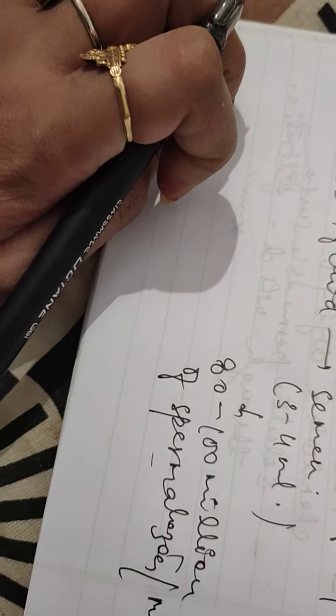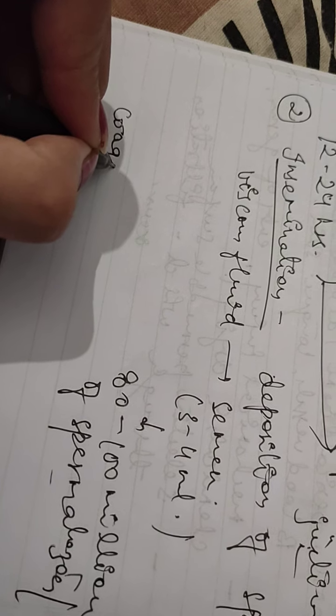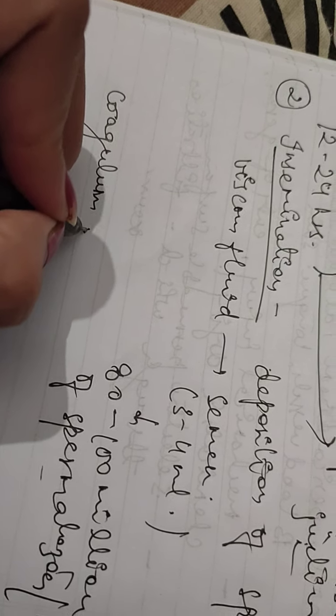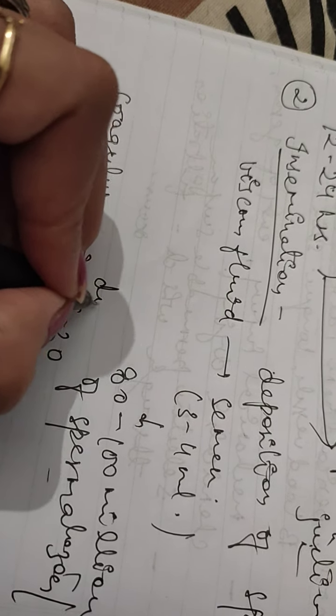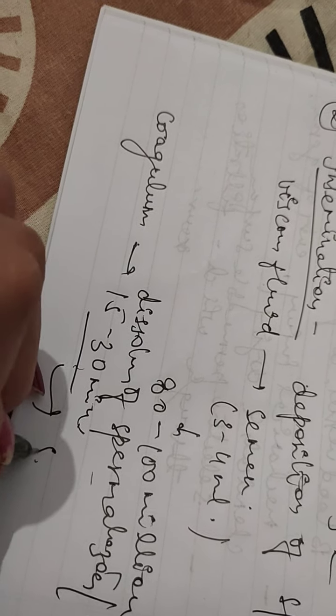After passing into the vagina, semen is converted into coagulum. This I have also explained earlier. This semen will dissolve after 15 to 30 minutes, and it frees the sperm, which become motile.